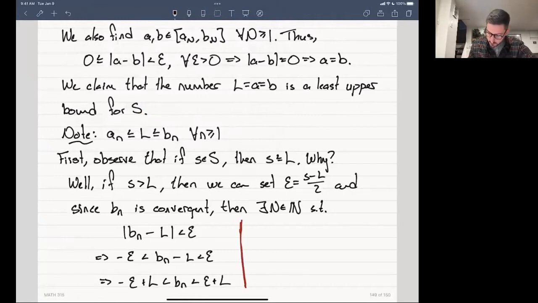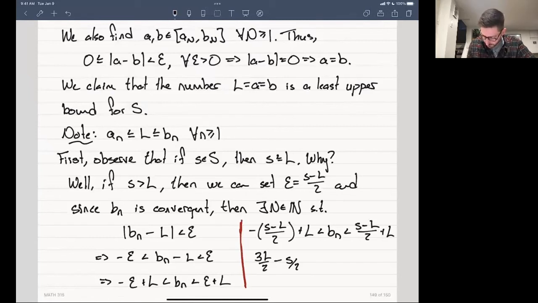But let's use the definition of epsilon. This becomes negative S minus L over 2 plus L is less than Bn, which is less than S minus L over 2 plus L. And so in this case, I get 3L over 2 minus S over 2, sorry, is less than Bn, which is less than S plus L over 2.